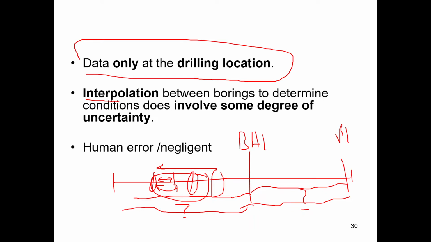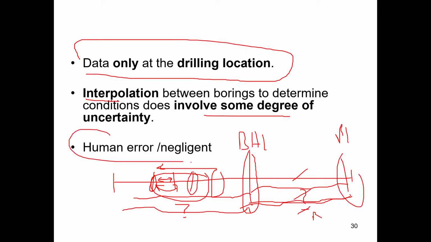Let's say you get rock here, so you have to interpolate to get the rock level or the boundary between the soil and rock, or the soil profile. For example, soft soil, weak soil, hard soil, rock. This involves a degree of uncertainty because the data is only at the drilling points. So sometimes we have errors in borehole studies.